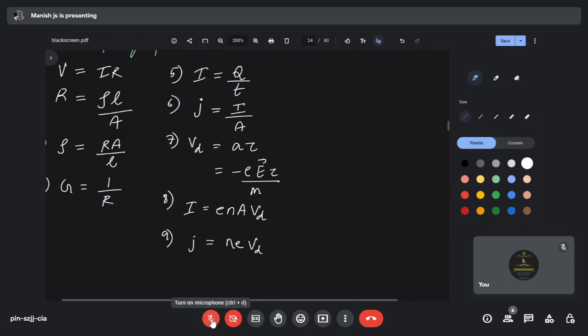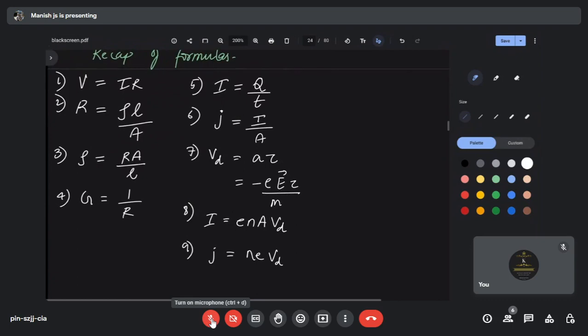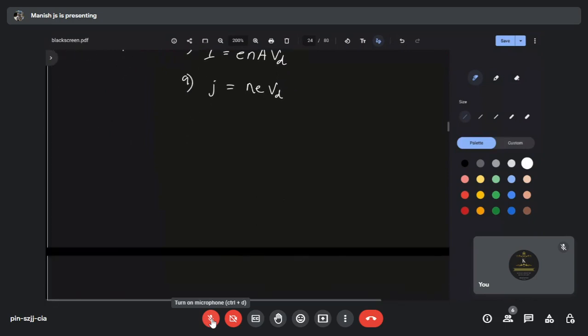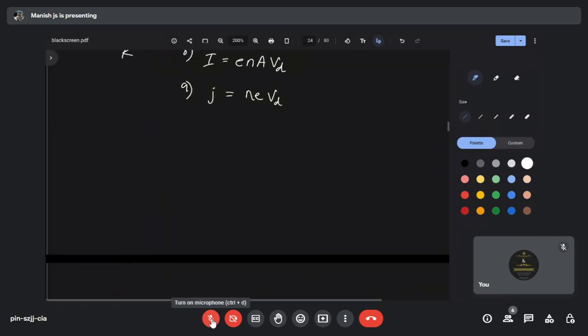Okay. So based on this, we have questions. Now we will start with the questions based on all these 9 formulas which we have. So we will move on to the questions now based on these. Okay, we look at simple questions and then we'll move on to the different complicated ones.